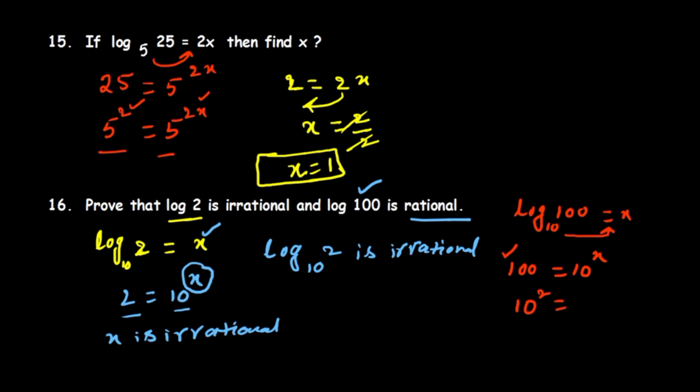Now you can observe we have the same base on both sides, but for log 2 we did not find the same base on both sides, so log 2 is irrational. Now when bases are equal then powers are equal. So x is equal to 2, and 2 is a rational number, so log 100 is a rational number. So finally we can write that log 100 is rational.